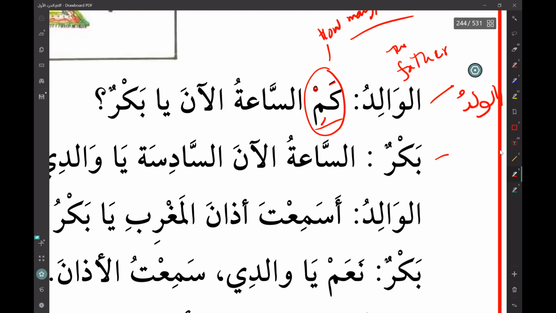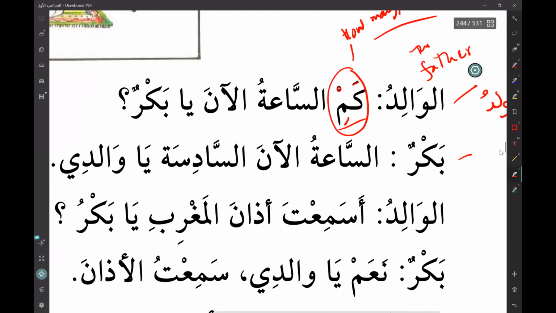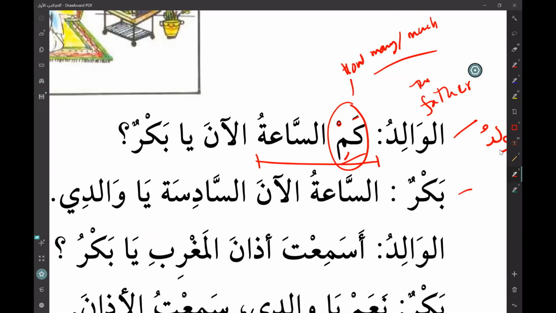You have to know how the Arabs do it. Sometimes they put kasra, sometimes dhamma, sometimes fatha. But by and large, most of the time they will put a kasra. So that you can pronounce them together, you say kamis-sa'atu. Okay, so you put a kasra. Kamis-sa'atu al-ana ya bakr.